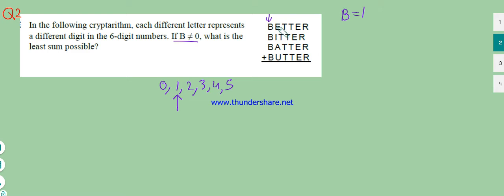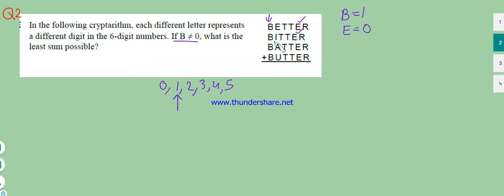after that we see E appears at the next place. E appears again here also. As E appears in the beginning, we have to select E also as the least possible digit. B cannot be 0, but definitely we can take E as 0.